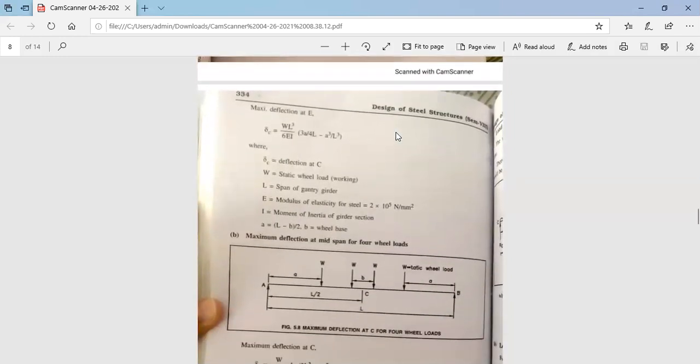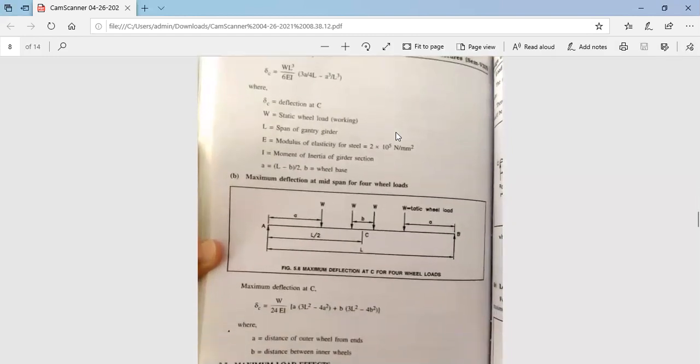The maximum deflection at C is delta C equals W L cube by 6 E I, in bracket 3A by 4L minus A cube by L cube. Here delta C is the deflection at C, W is the static wheel load, L is the span of the gantry girder, E is the modulus of elasticity for steel, which is 2 into 10^5 Newton per mm square, I is the moment of inertia for the girder section, and A is equal to L minus B divided by 2. Here B is the wheel base.